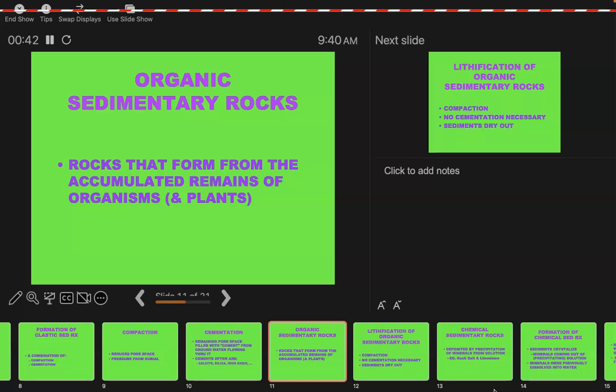That's the main difference. You're still going to get bits of inorganic sediment in there, silts and clays and sands and whatever. Think muds.